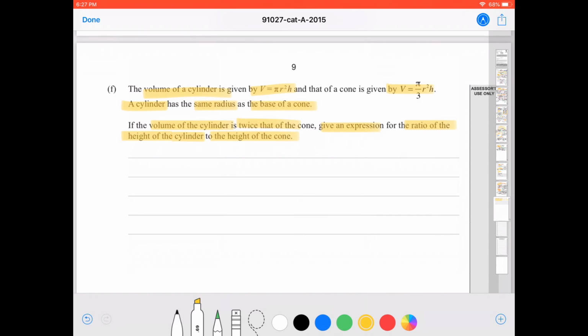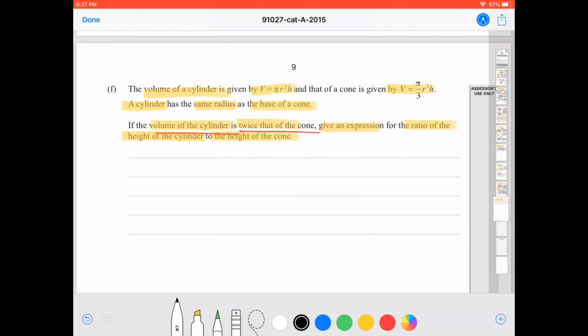Okay, so it feels like a fairly complicated sort of question. The first thing to understand is that in this case, the volume of the cylinder is twice that of the cone. And so we can say we want to equate the volume of the cylinder and the volume of the cone.